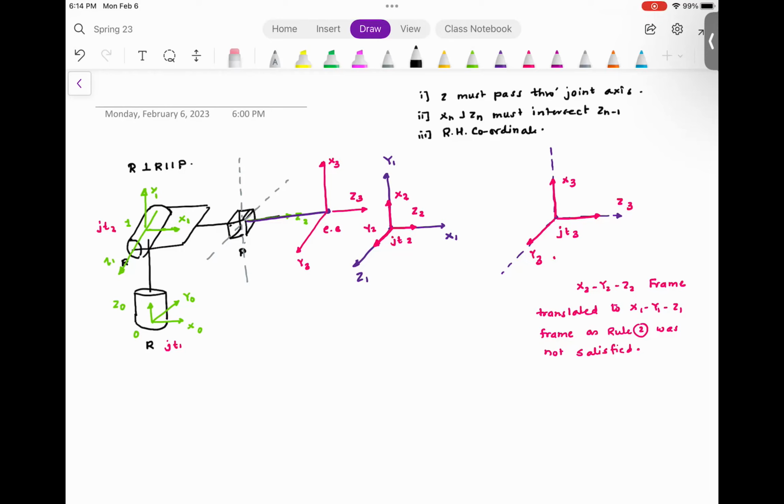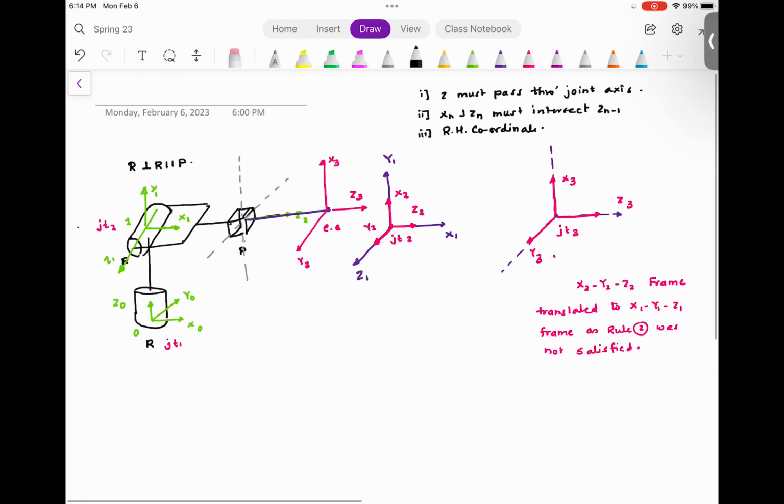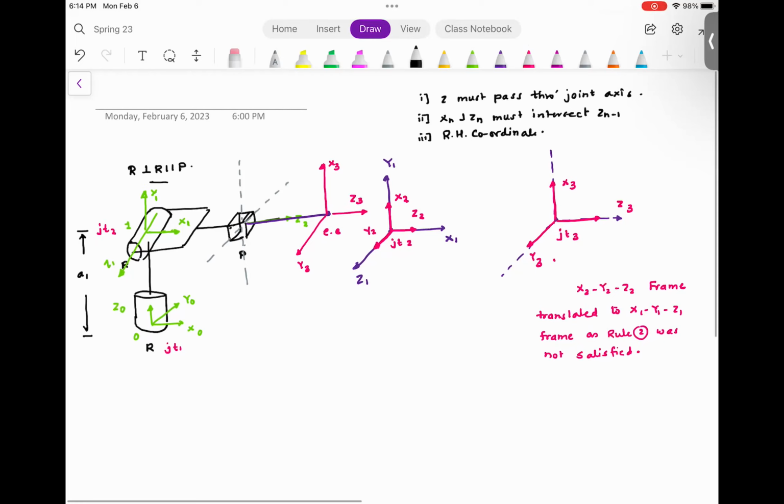Now what we need to do is work out the forward kinematics and inverse kinematics. So I'm going to give you the distances A1, A2, and this distance is D3.